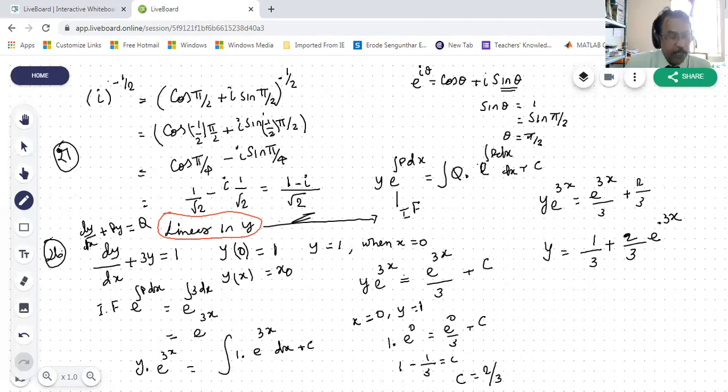So it is A. For question number 27, it is D. Answer is D. For this question, answer is A.